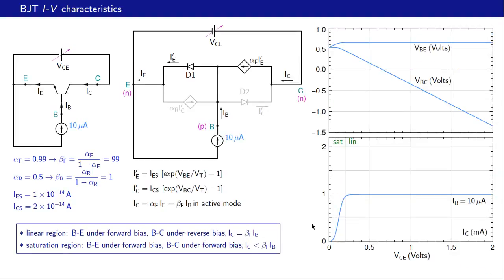So here is the IC VCE curve for 10 microamps again. And in the linear region or the active mode, the collector current is beta times IB, which is about 1 milliamp. Now we want to look at the IC VCE curve when the base current changes from 10 microamps to 20 microamps. So let's look at the results.